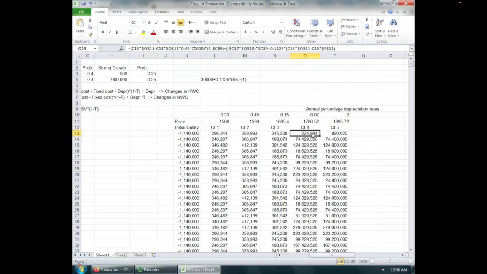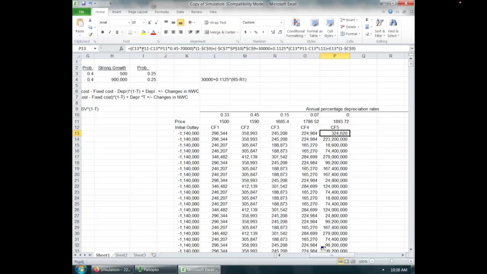Drag down. And finally, in year 5, fix the prices here. And drag this down.